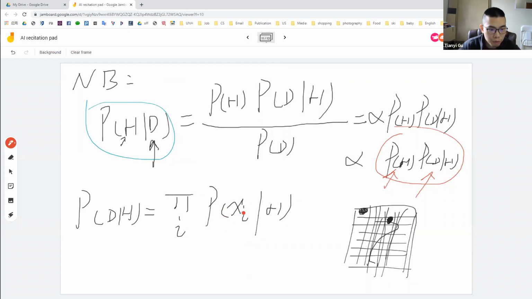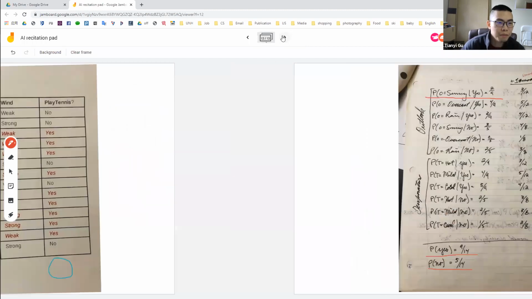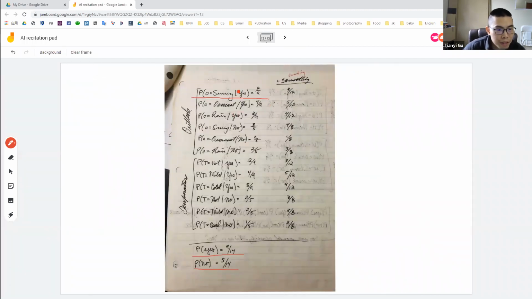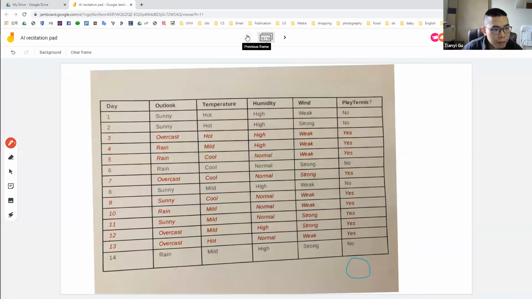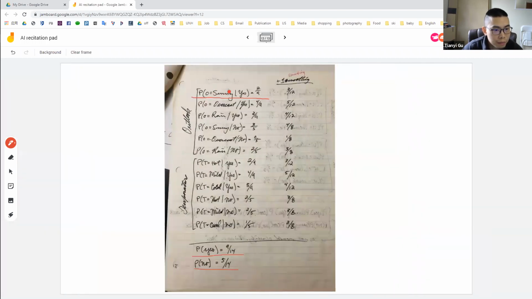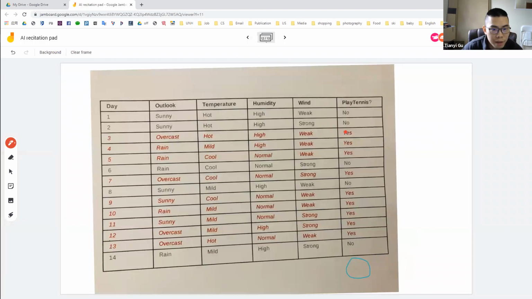For each feature in the data, given the hypothesis, what is the probability of being that feature value? So given yes, what is the probability that the outlook is sunny? We start counting. There are 9 yes, all the reds: 1, 2, 3, 4, 5, 6, 7, 8, 9.